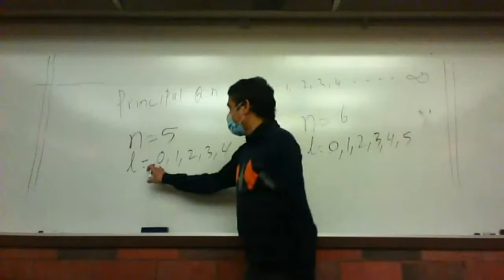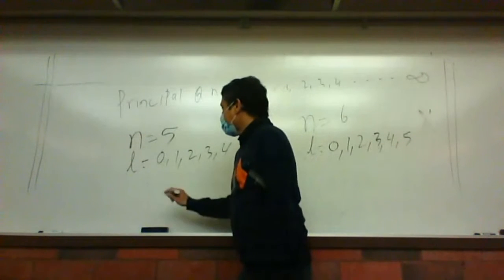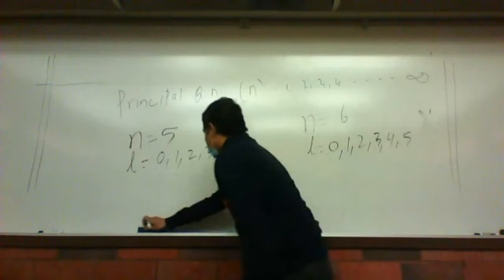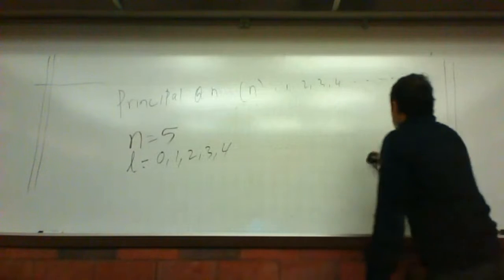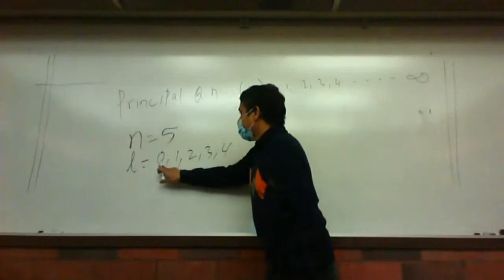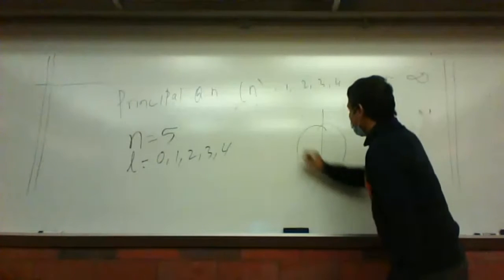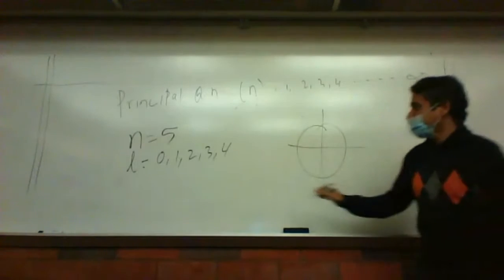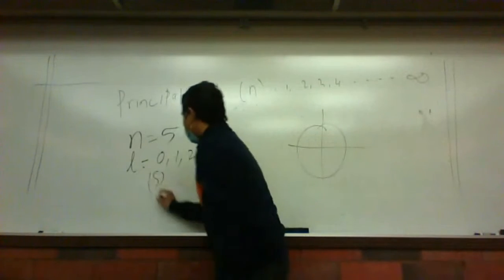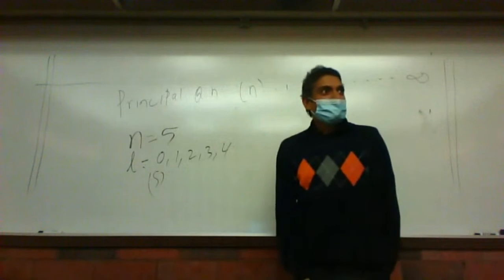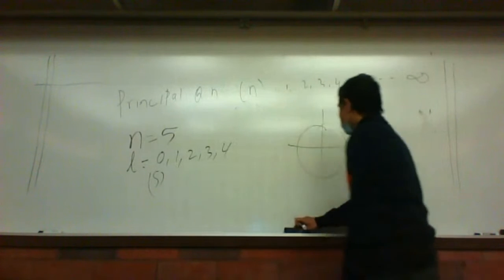So 0 is spherical. Zero means s, so the orbital is like this, s. Make sense? So what does the 1 tell us?